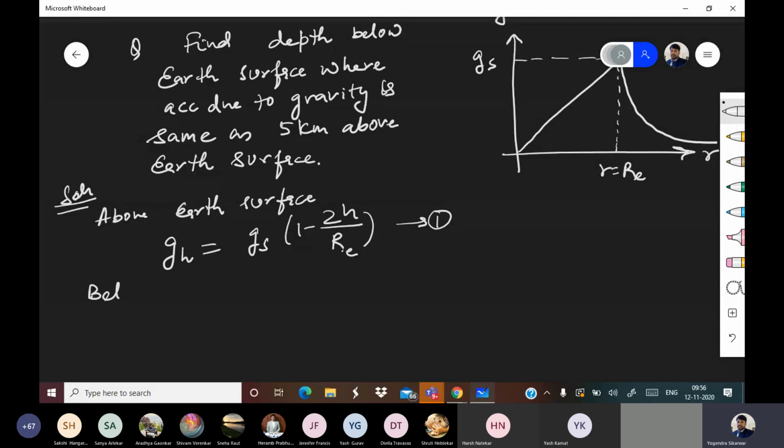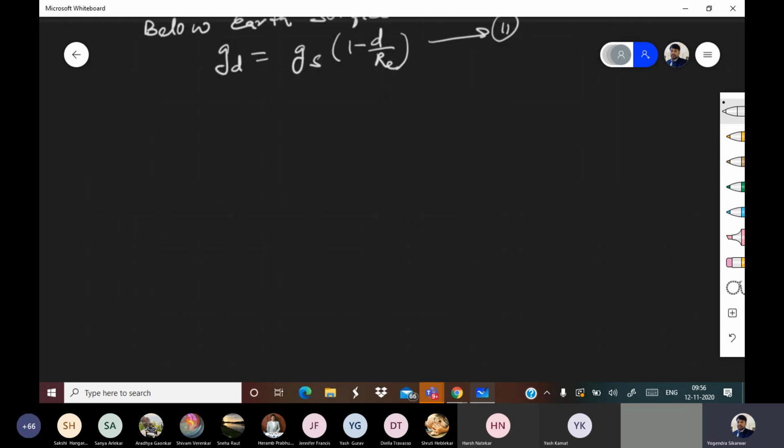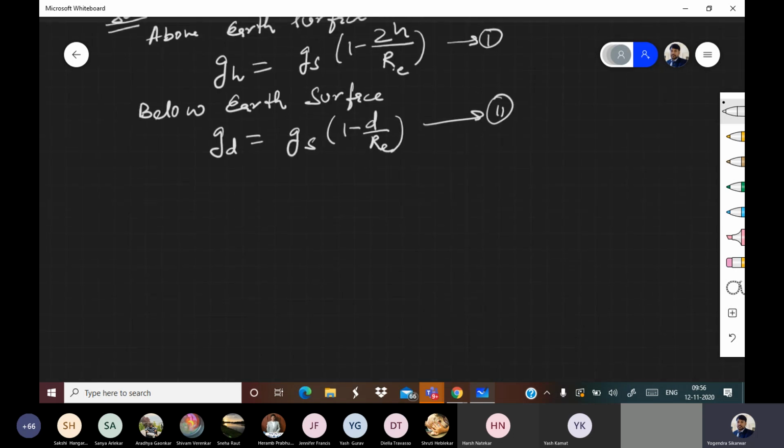Now below Earth's surface, G_d is equal to G_s into (1 minus d upon R_E). Now the question is saying that these two values are equal. Whether you are going above or below, the value comes out the same.